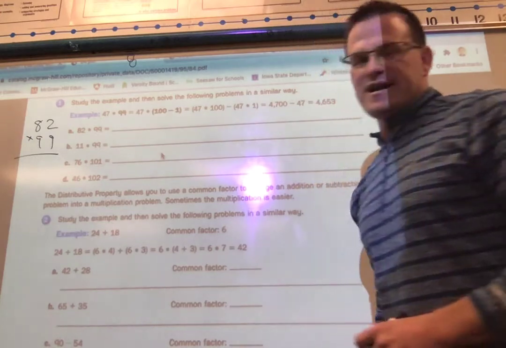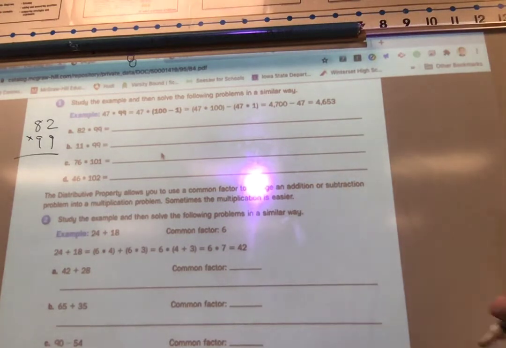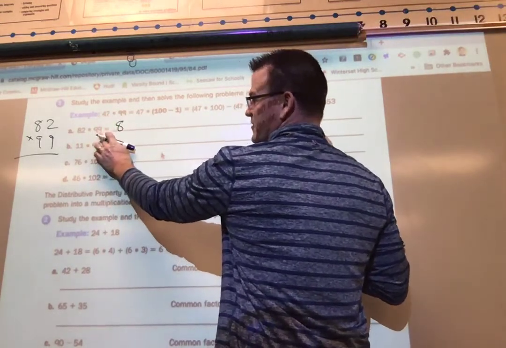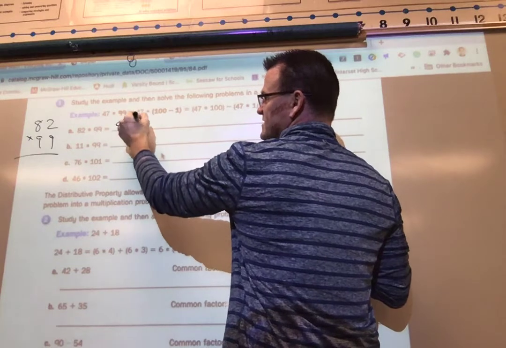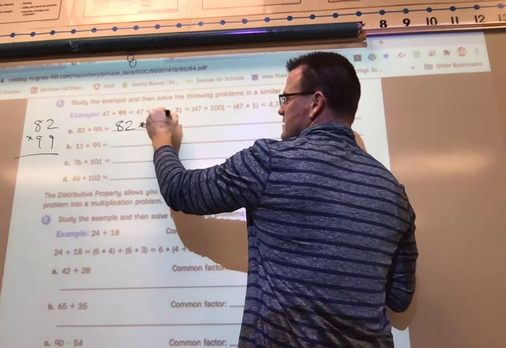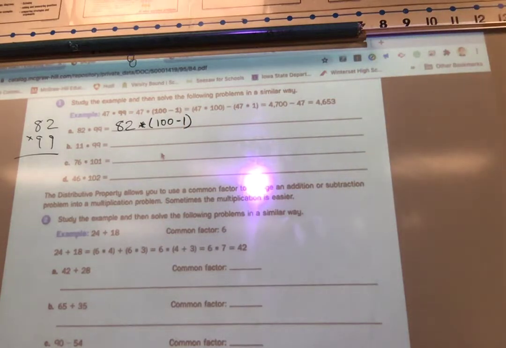What if I change 99 to something where I can do things mentally and maybe solve it a little easier? Since this is close to 100, could I change this to 82 times, in parentheses, 100 minus 1? That's still 99, right?